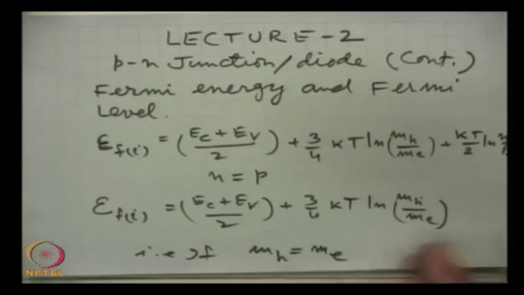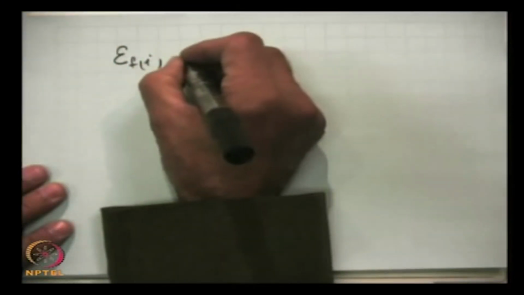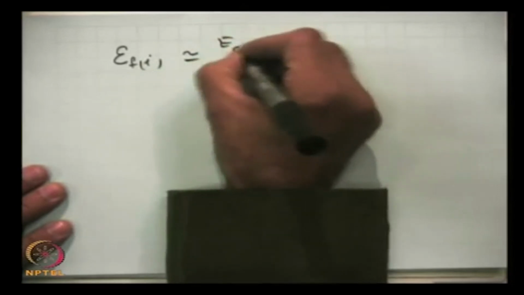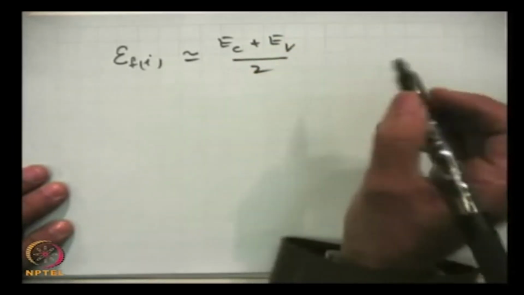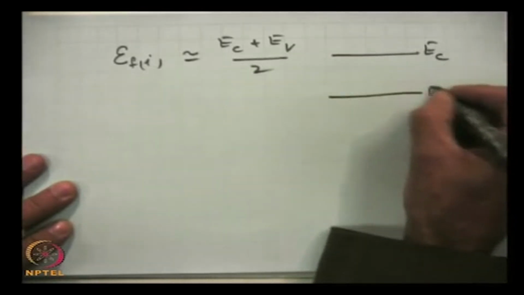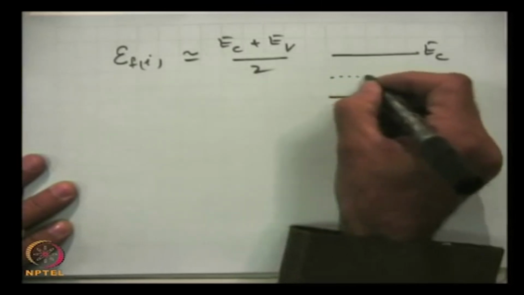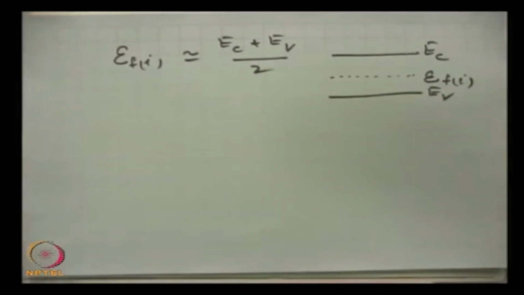Then this term also vanishes, and for the intrinsic semiconductor the Fermi level exists in the middle of the forbidden band, that is, this is E c, this is E v, then almost in the center is the Fermi level.